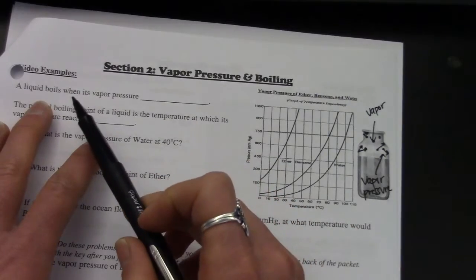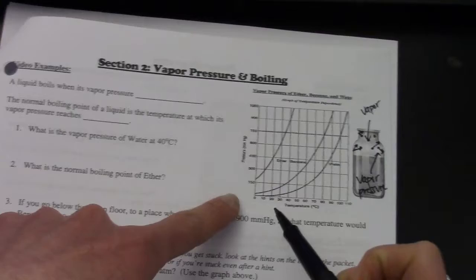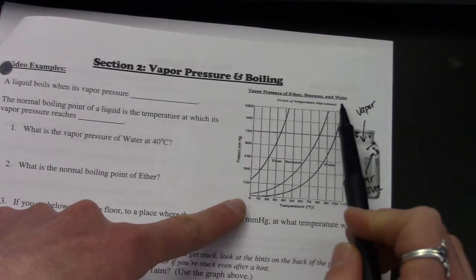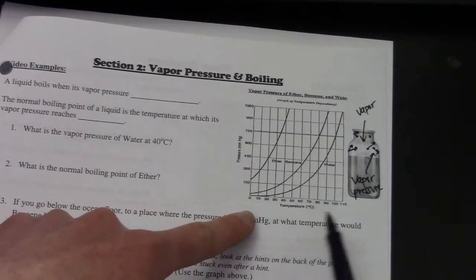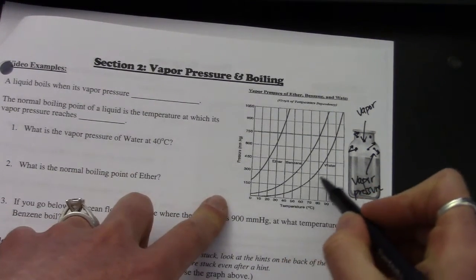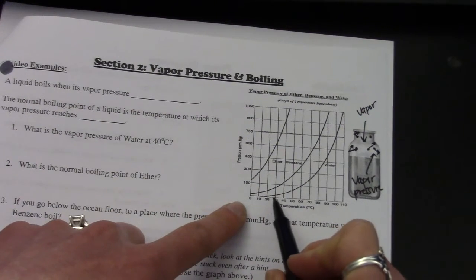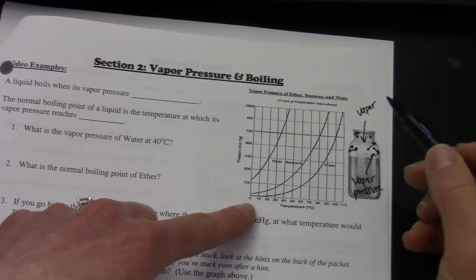Actually, before we go on, I just want to draw your attention to these vapor pressure curves. This is showing how the vapor pressure changes as we heat something. If you look at water, for example, that's this line. As we heat water up, notice that the pressure of its vapor is going up and up and up too.